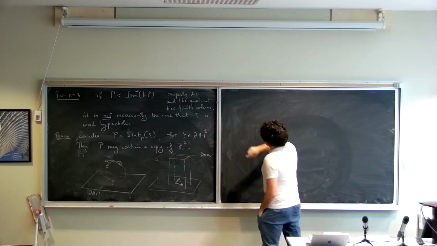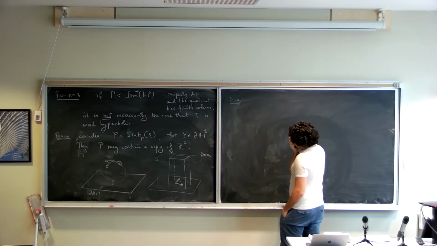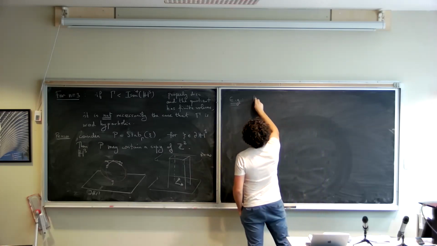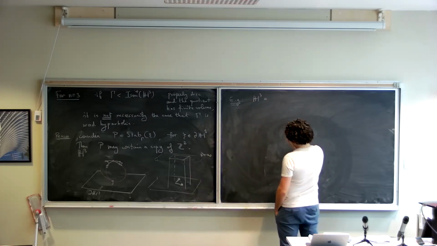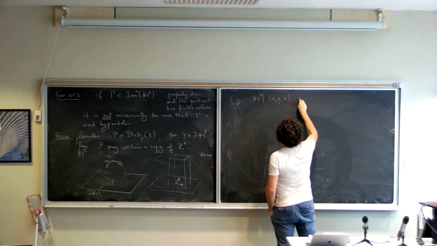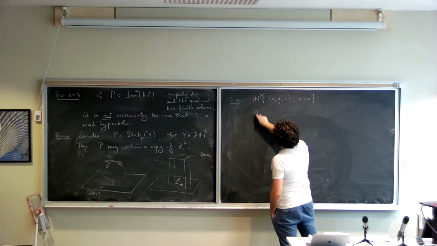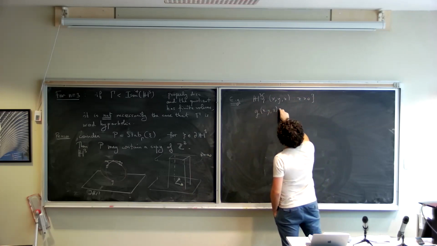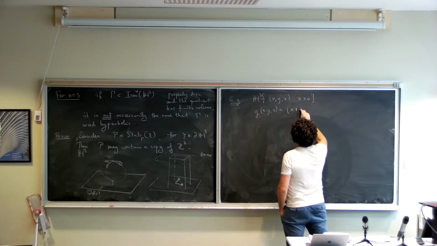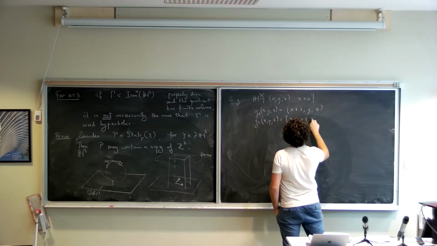So the point is, an example: in this model, if you say H3 is the set of x, y, z such that z is bigger than 0, we can pick g1 of x, y, z equals x plus 1, y, z, and g2 of x, y, z is x, y plus 1, z.